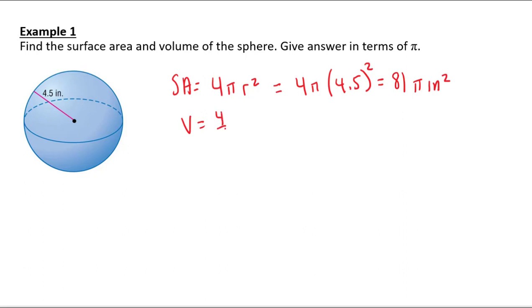Volume, 4/3 pi r cubed. So 4/3 pi, my radius is 4.5 cubed. And I'm going to write this as a fraction, 243/3 pi inches cubed.